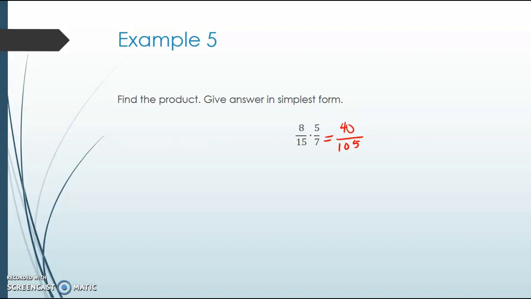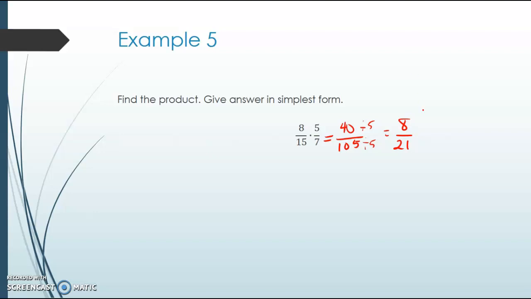So I need to figure out what goes into both 40 and 105. And I know 5 goes into both. So if I take 40 divided by 5 and 105 divided by 5, 40 divided by 5 gives us 8, and 105 divided by 5 gives us 21.